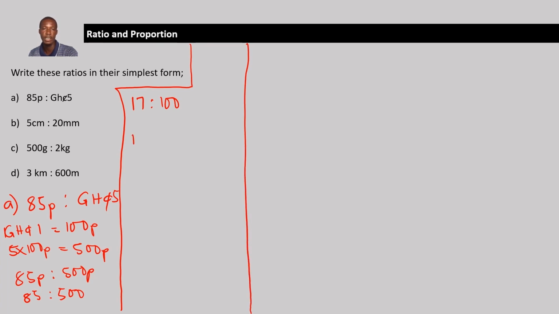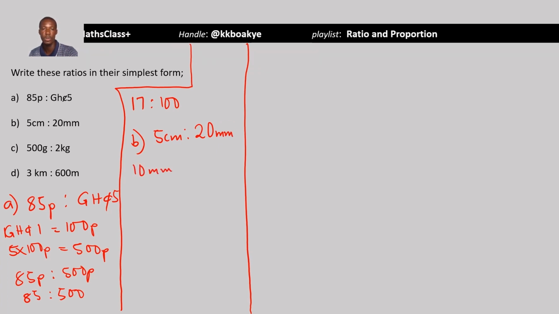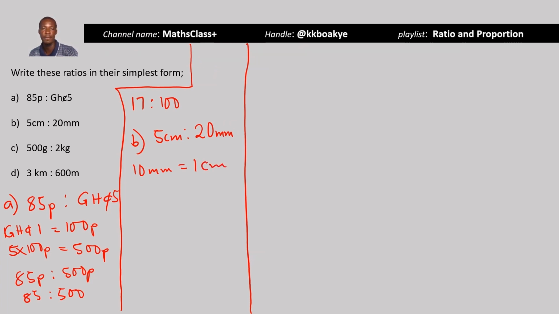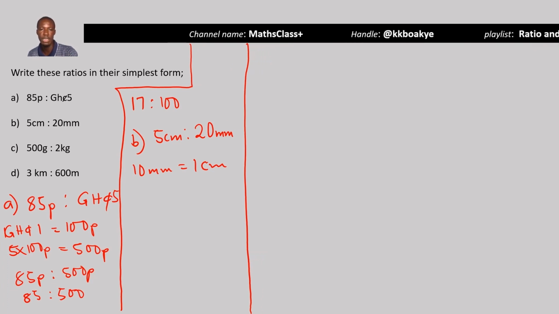The second example, we have 5 centimeters is to 20 millimeters. Let's remember that 10 millimeters is equal to 1 centimeter. And so if we need centimeters from millimeters, we are going to divide millimeters by 10.